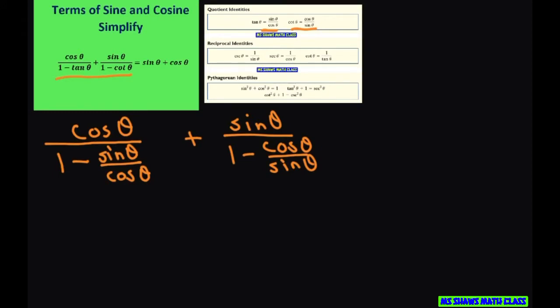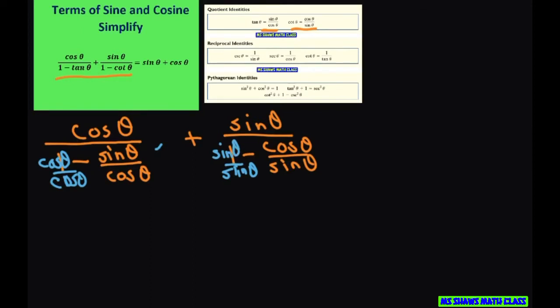If you put these in fraction form, we want the denominator of our denominator to be cosine. So if I change this to cosine here, I have to also multiply my numerator by cosine. Same here, I need this to be sine, to have the same denominator, so I have to also multiply my numerator by sine.